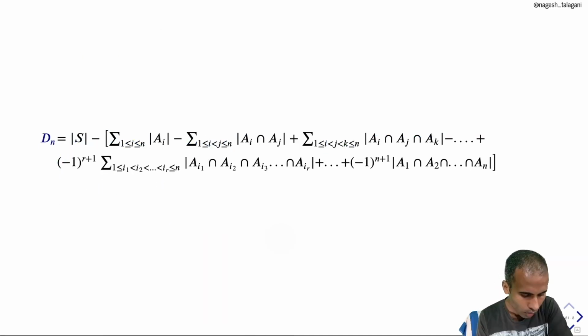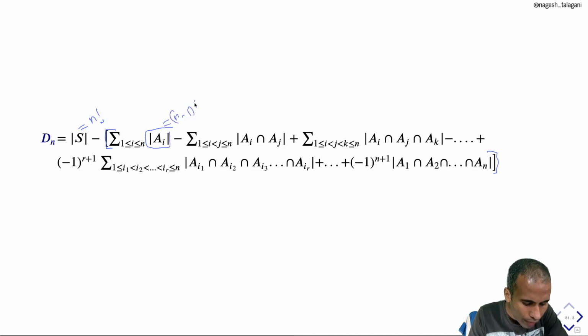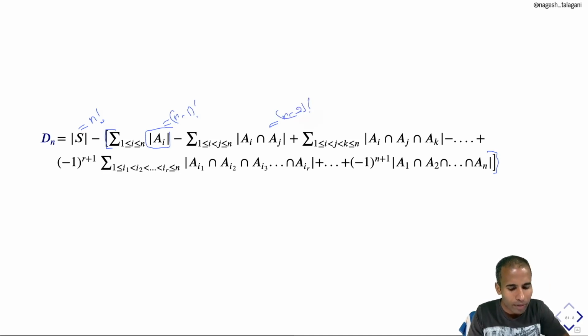So we have this for the number of elements in A1 ∪ A2 ∪ ... ∪ An from the principle of inclusion and exclusion. We also know that the number of elements in S equals n!, the number of elements in Ai equals (n-1)!, here it is going to be (n-2)!, and so on. Next step, let's replace with these values and also multiply this minus inside.